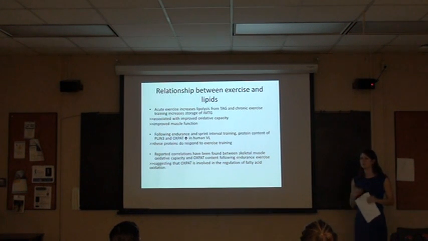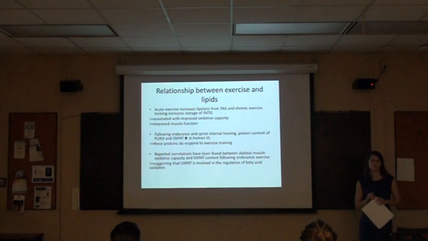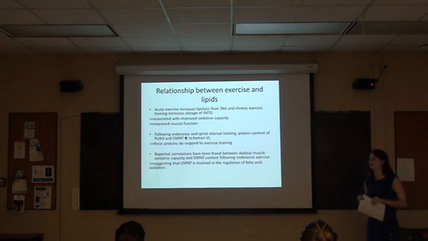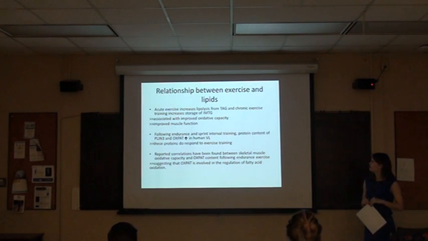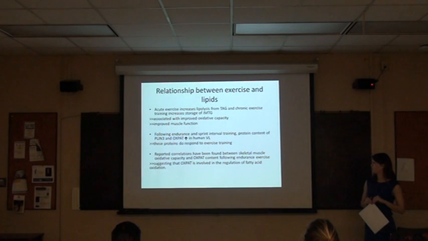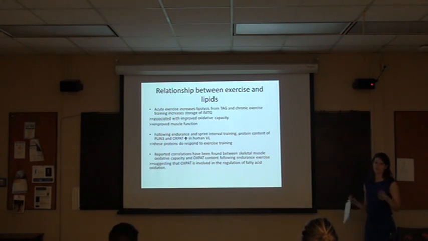That would support the fact that it might be associated with improved oxidative capacity or improved muscle function that comes behind the improved oxidative capacity. Following endurance and sprint interval training, protein content of PLIN3, the storage PLIN, and OXPAT, which is the oxidative one, you can think of it as oxidative PLIN, increase in human vastus lateralis muscle.